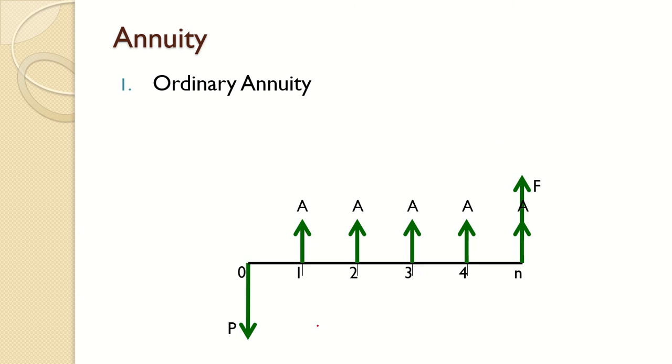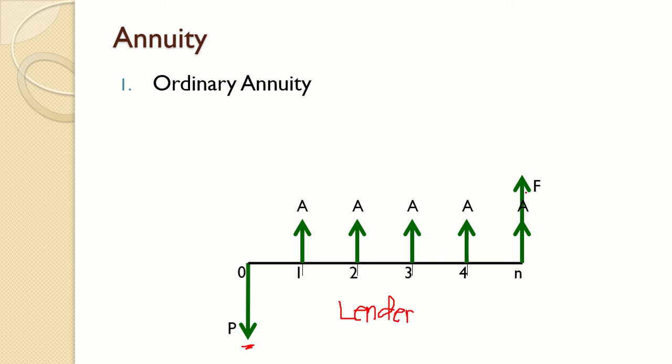As you can see, if you had a borrowed amount, so if this is the lender's viewpoint, he allowed somebody to borrow an amount, and that's P, and that someone promised to pay it at an equal interval of period. So those equal payments are the annuities.